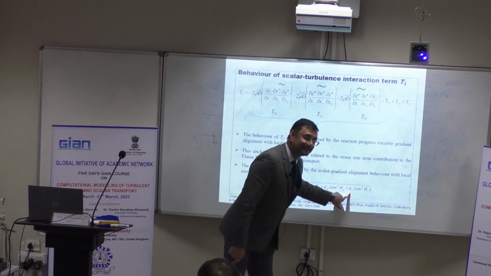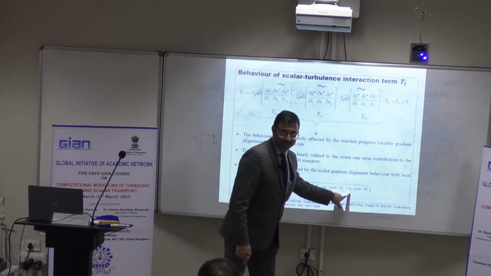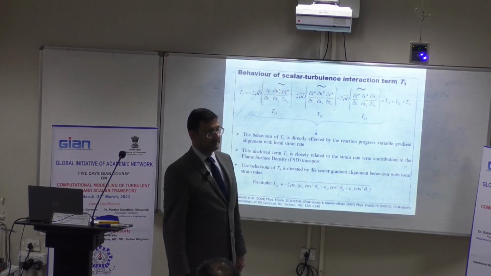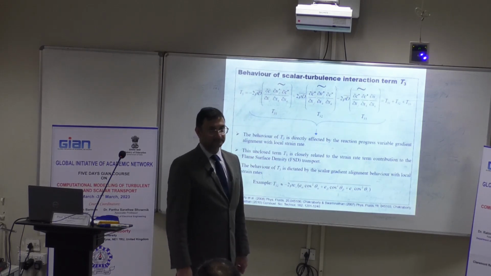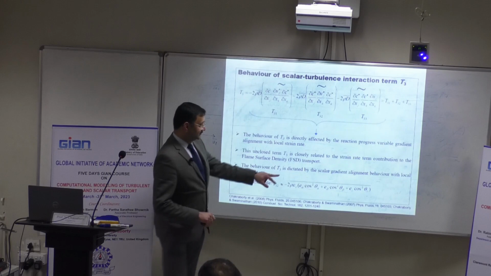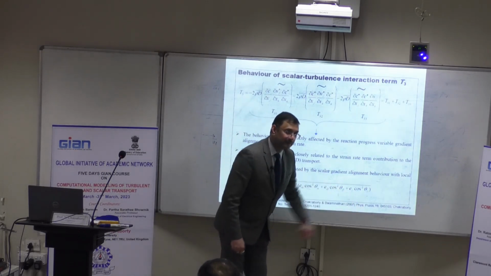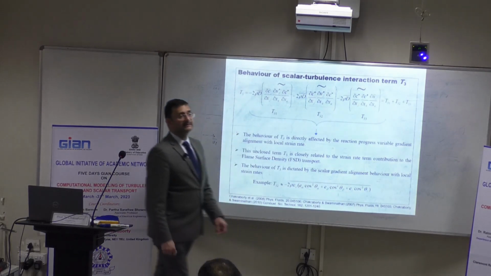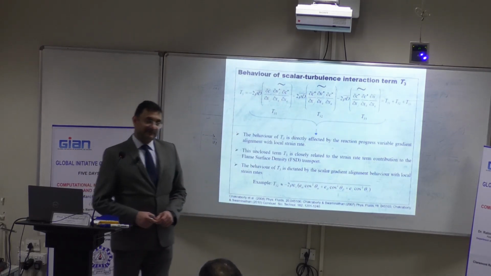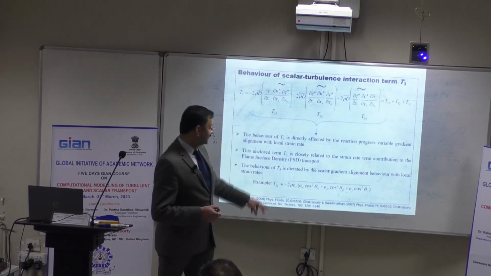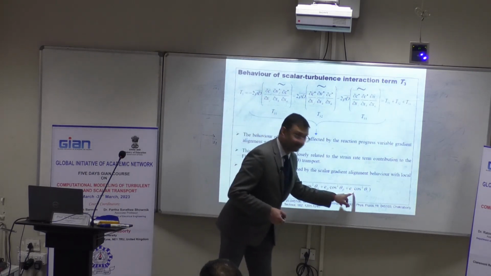E gamma is the most compressive principal strain rate, that is the most negative. Okay? We have angles theta alpha, theta beta, theta gamma. These are the angles the gradient of C, the gradient of the scalar, makes with the eigenvectors corresponding to these three eigenvalues.